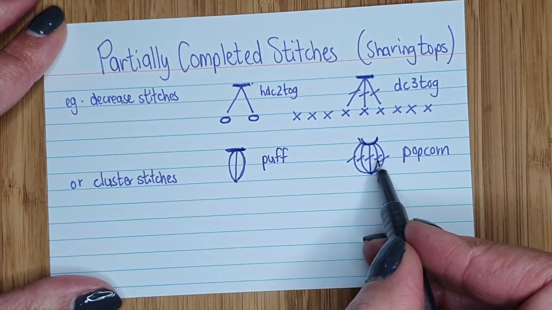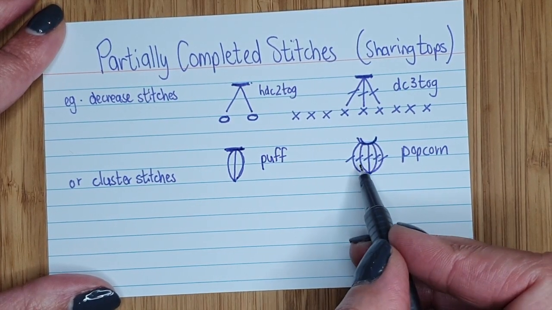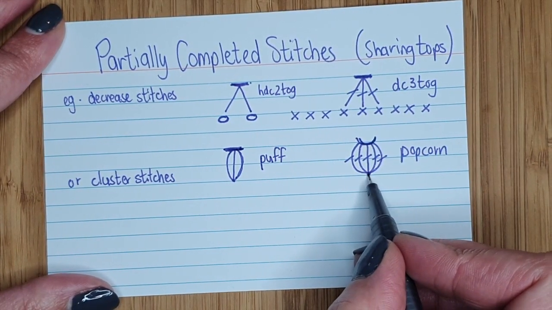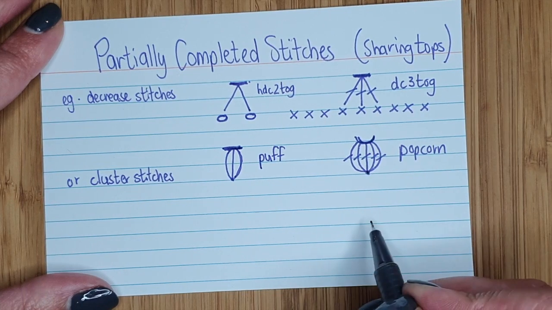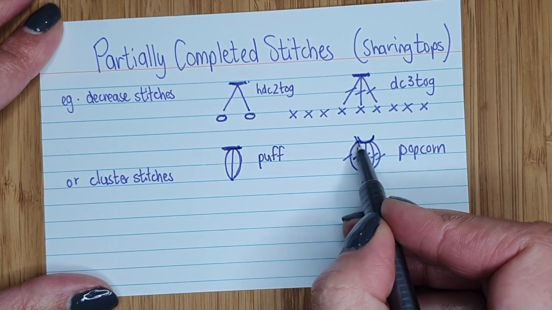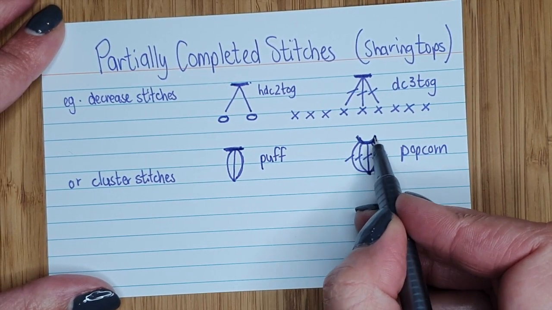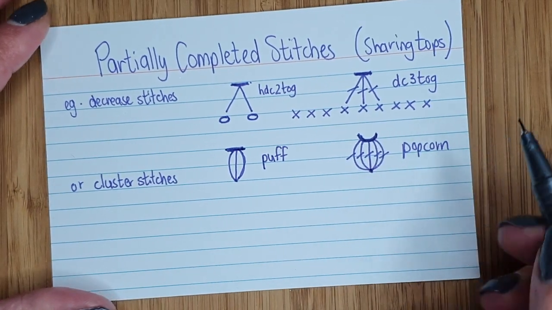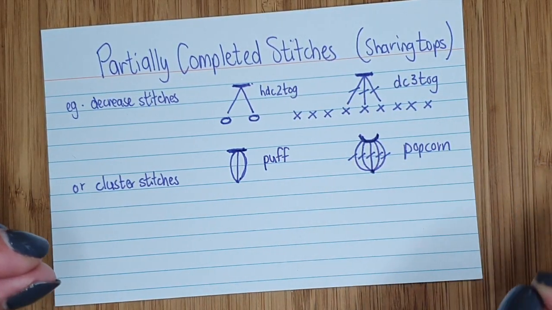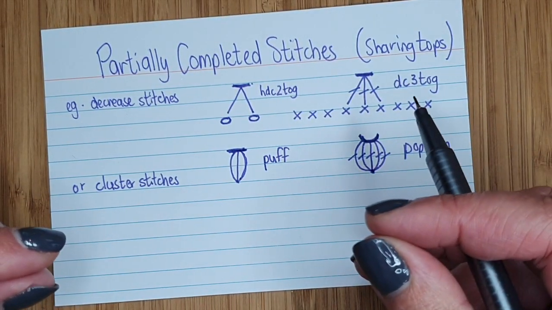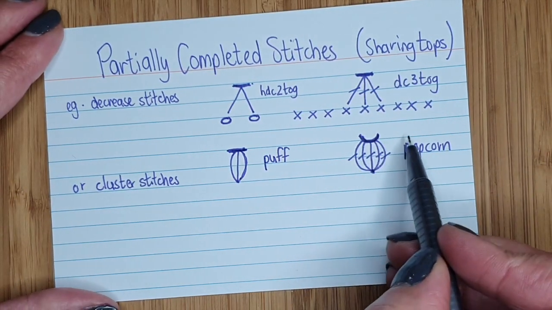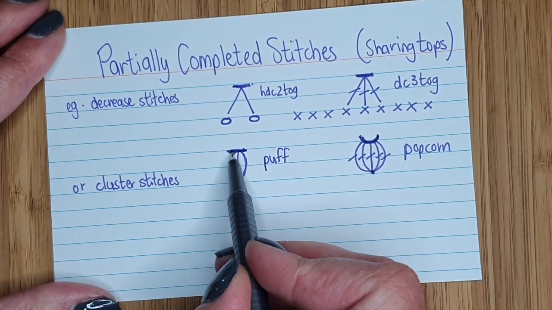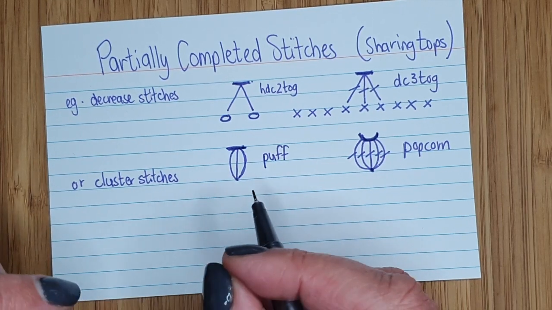You can see it's 5 individual double crochets that go into the one space because they are connected at the bottom, and they are joined together at the top. Their tops are being shared. So that's when you pull out your hook and you place it into the first one and put it into the last one. So the popcorn stitch and the puff stitch have connected tops because they are finished off together.